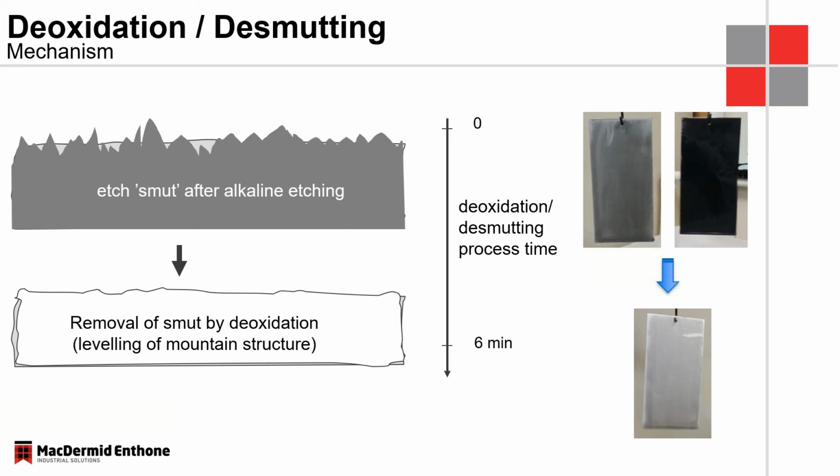And again, the white paper test is a good test here. Just wiping across, see if we leave any traces on the component, which would suggest that there's still smut on the surface, which in turn will give us problems in the anodizing and probably further downstream in the dyeing and sealing processes.